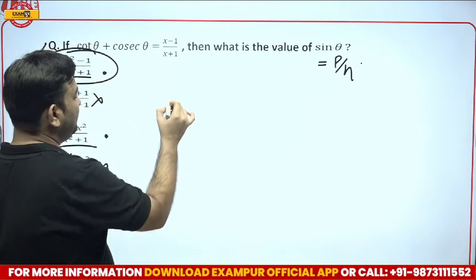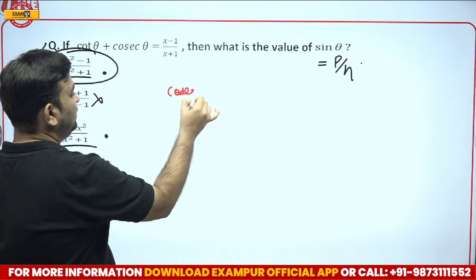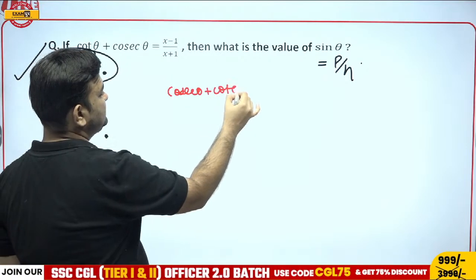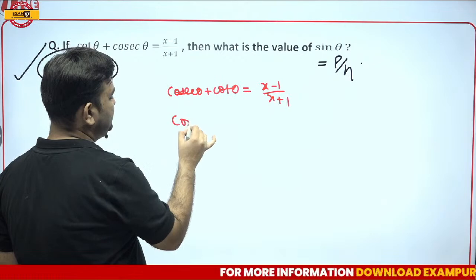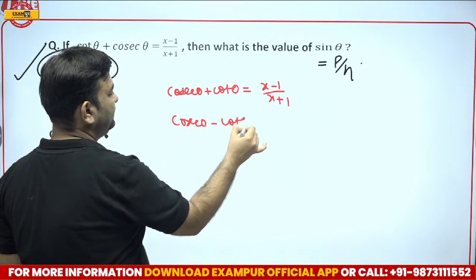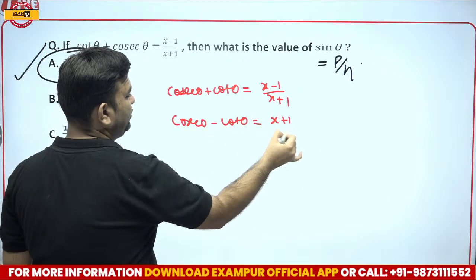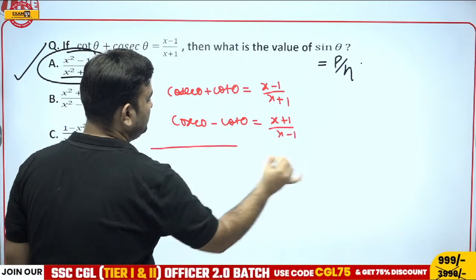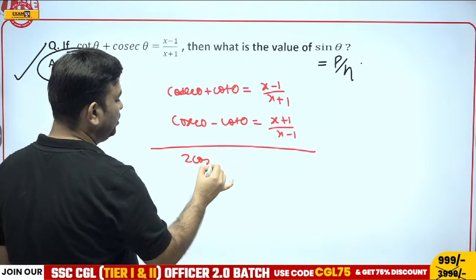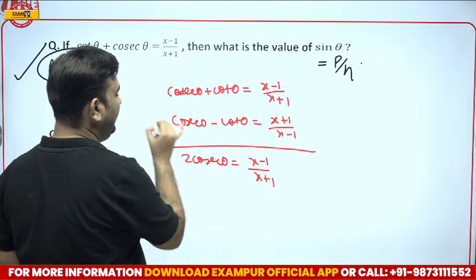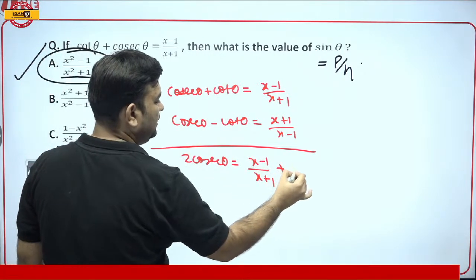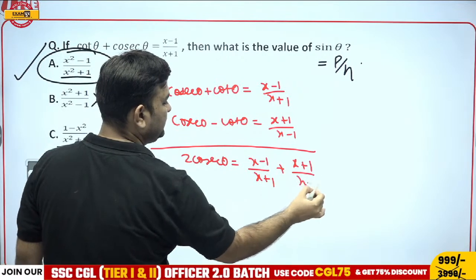But to eliminate that risk, cosec theta plus cot theta is given as x minus 1 by x plus 1. So cosec theta minus cot theta will become x plus 1 upon x minus 1. Adding both, 2 cosec theta is x minus 1 upon x plus 1 plus x plus 1 upon x minus 1.